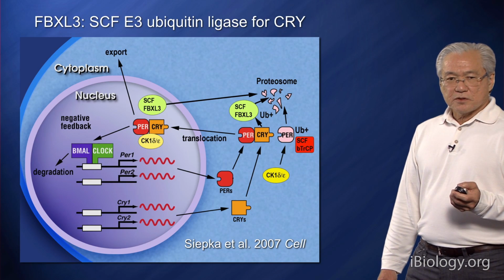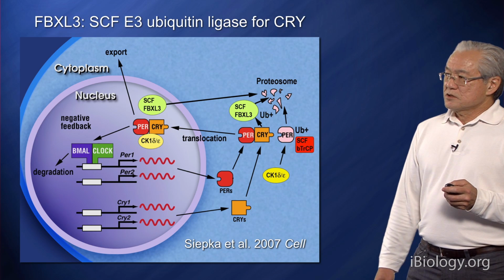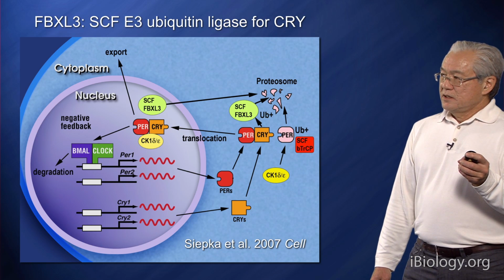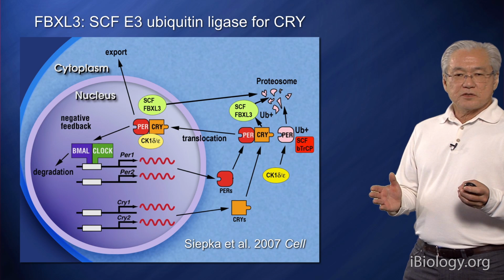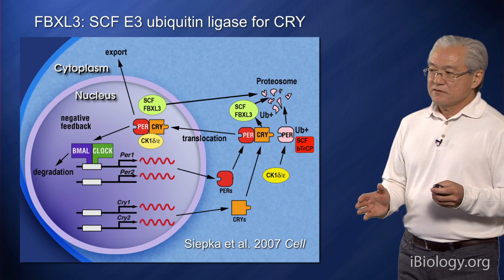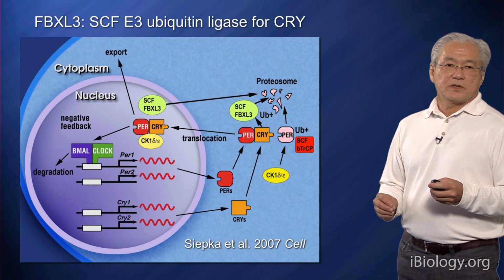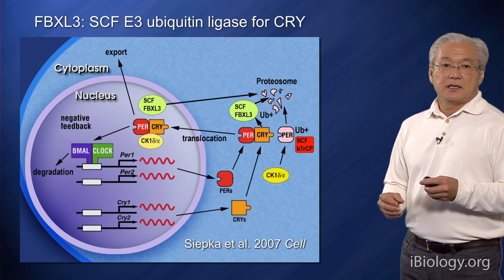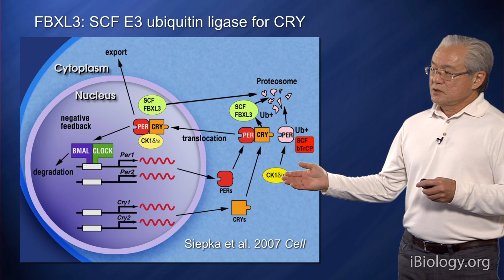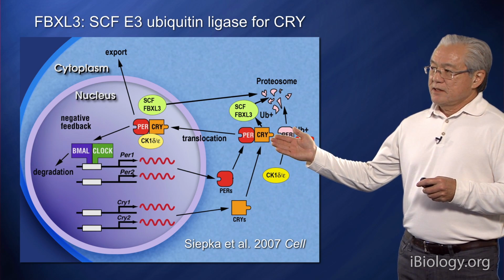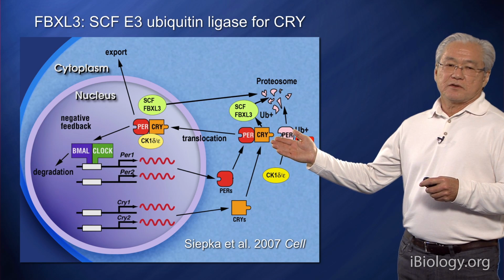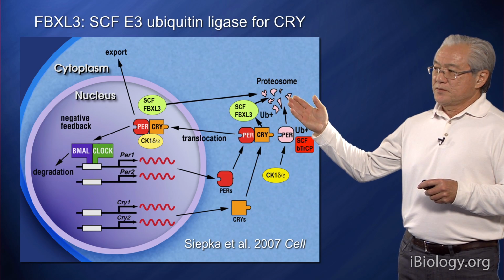Now, an F-box protein turns out to be involved in a complex of proteins that are involved in modifying other proteins with ubiquitin chains. And these ubiquitin chains then target that protein for degradation in the proteasome.